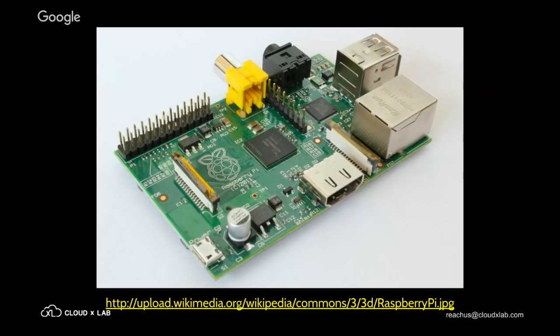A Raspberry Pi is also a very simplified computer, which you can use in many cases for IoT work and other work. This is an example of a computer. You can see it has an HDMI cable and all kinds of plug pin points that you can control using the program.